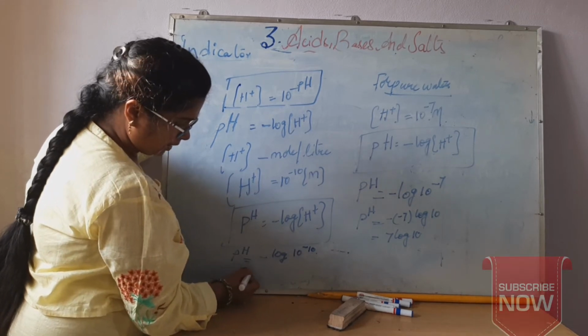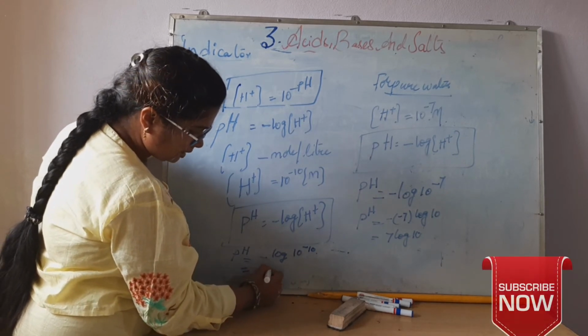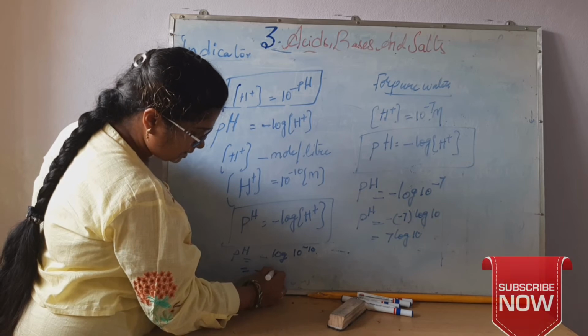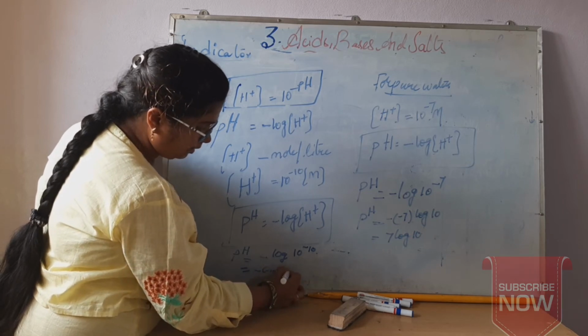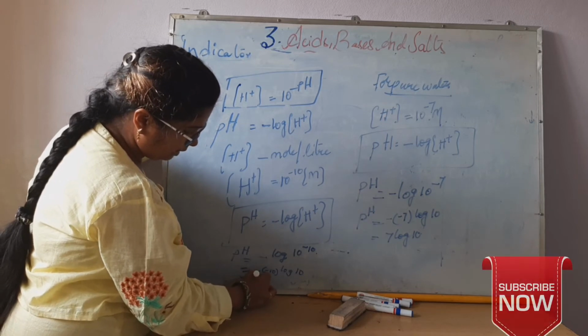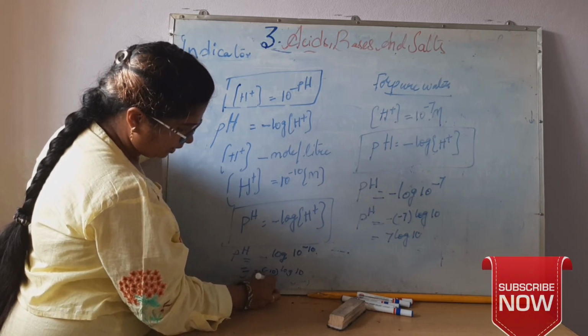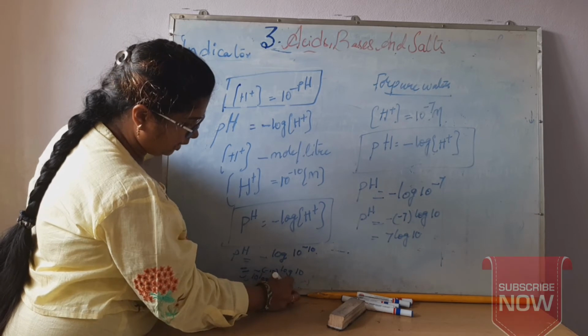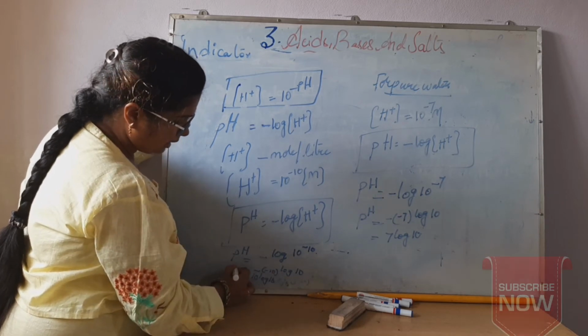That is equal to minus into minus 10 log 10, which is 10 log 10. So pH value is equal to 10.